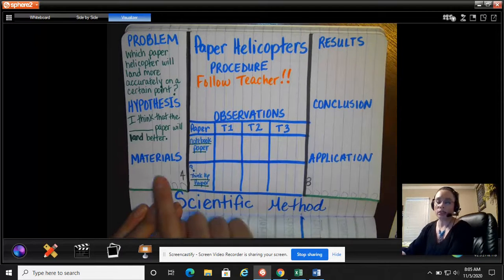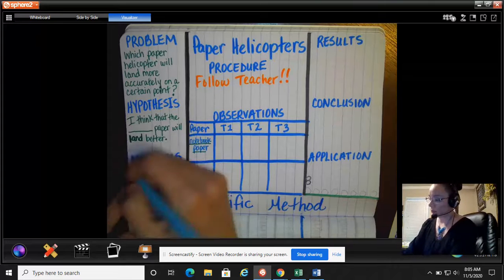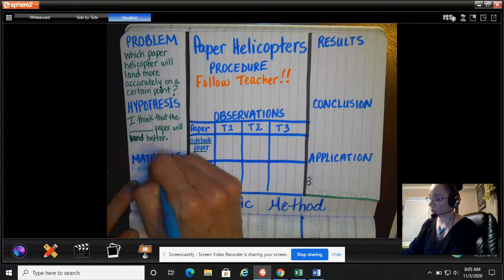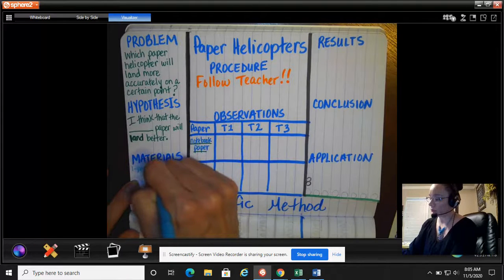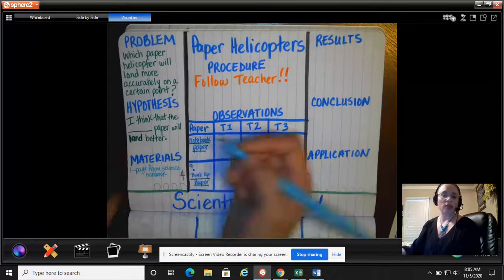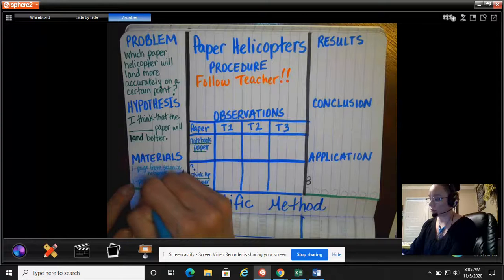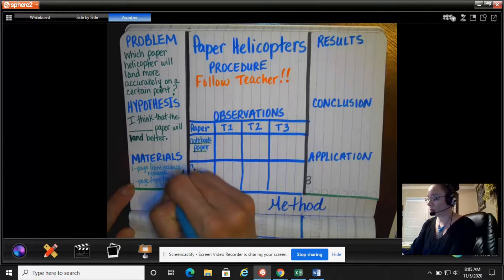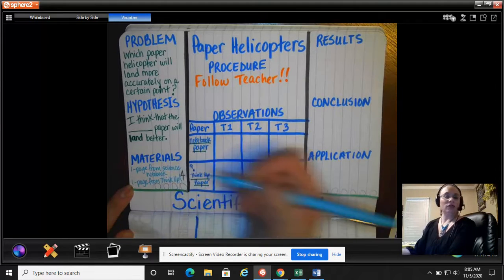So you're going to need materials for this experiment. What you're going to need is one page from your science notebook, and that's one clean page. You're also going to need one page from Think Up, because Think Up has a lot of pages at the end of the book.